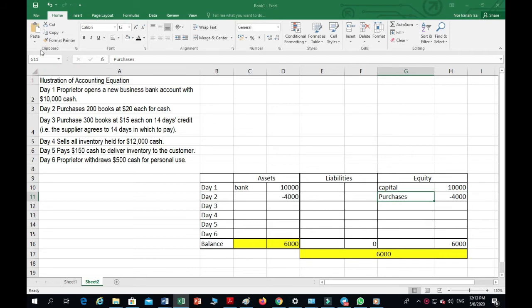This purchase is made on cash, so on the asset side the bank will decrease by 4,000 also.